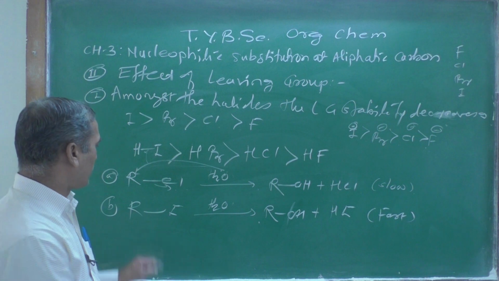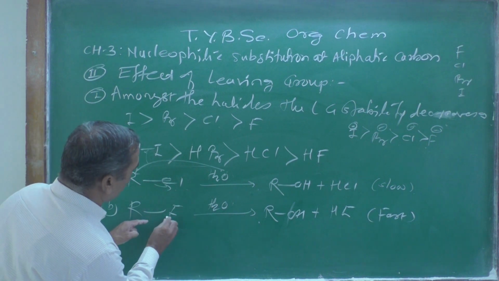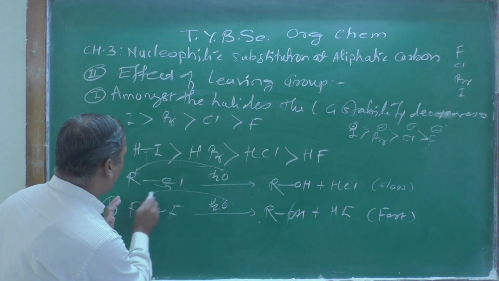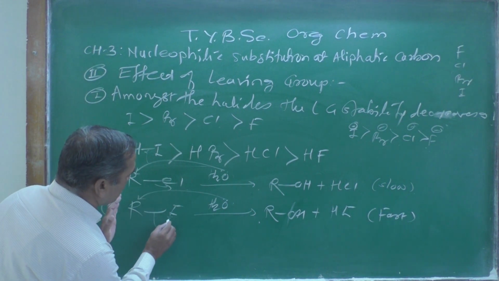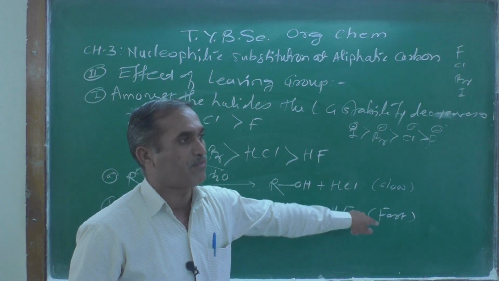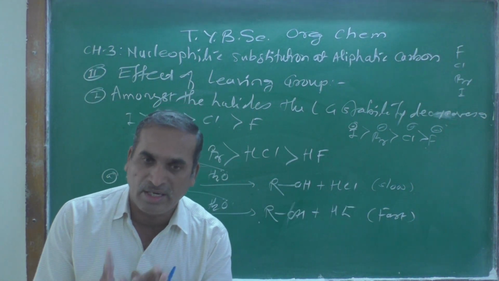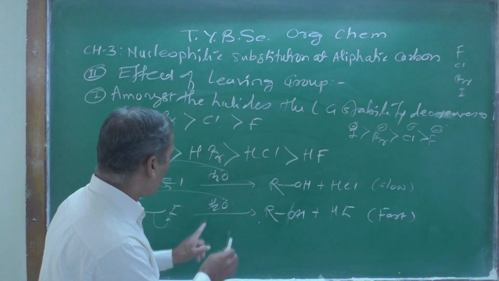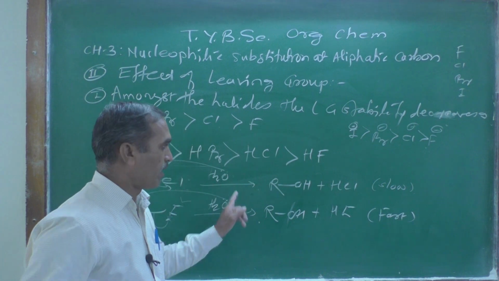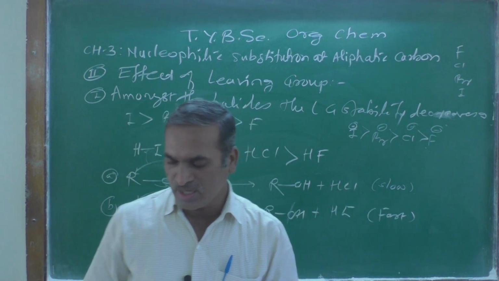It is inferred that iodine is a good leaving group, because the nucleophile attacks that R and there is a departure of the iodine. The rate of reaction is very fast in this case. That clearly indicates that iodine is a good leaving group over the chlorine atom.